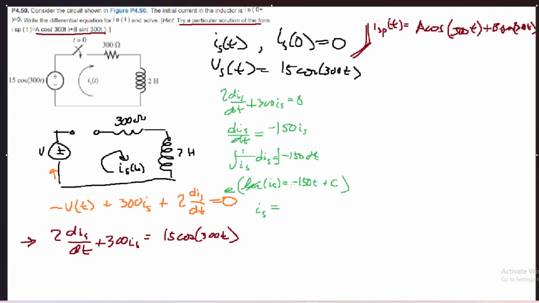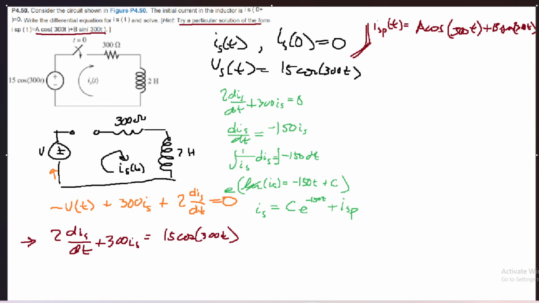This gives us e to the negative 150t plus c, which is equal to e to the negative 150t times e to the c, and e to the c is just a big C, or we could call it K, but I like calling it big C. So it's just going to be C e to the negative 150t, plus Isp. I did the particular solution on paper, I don't think I could do it here.